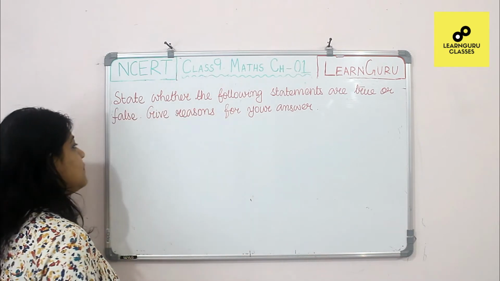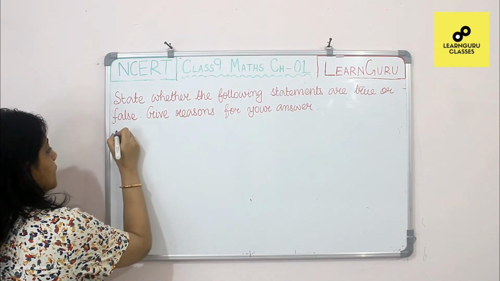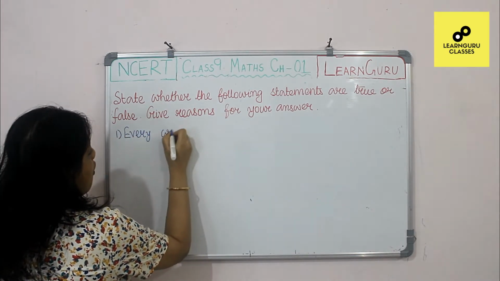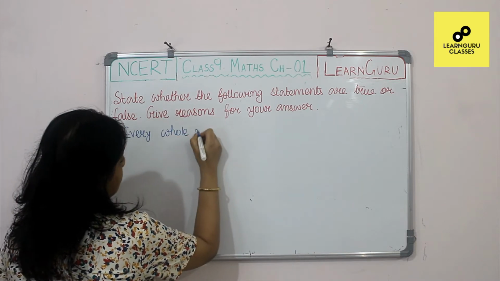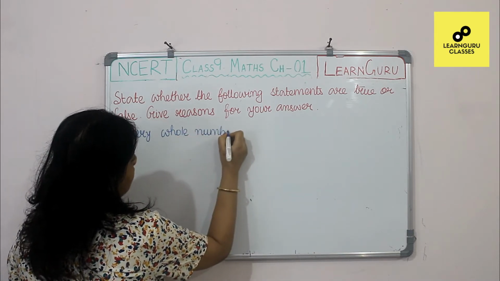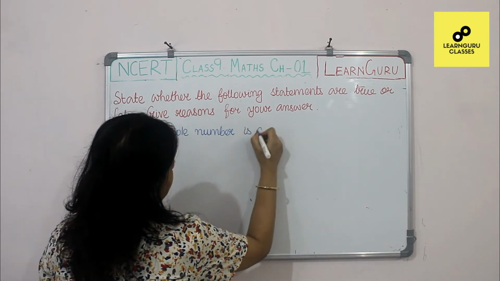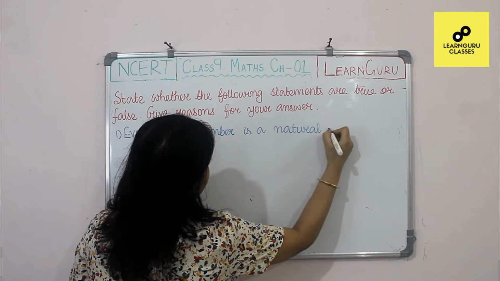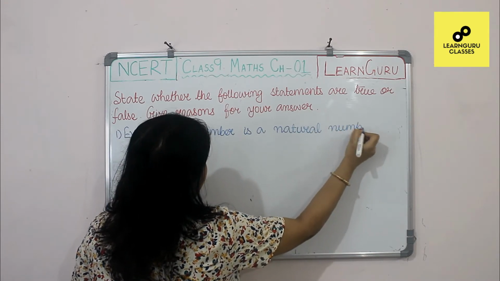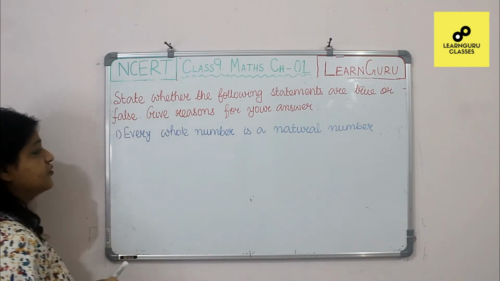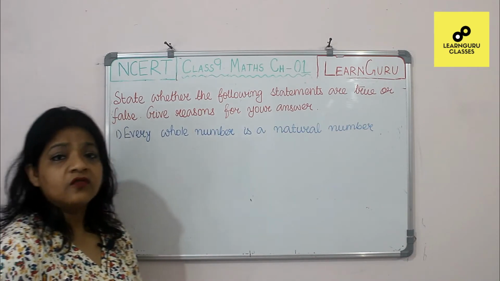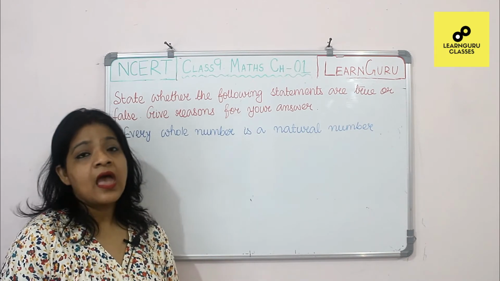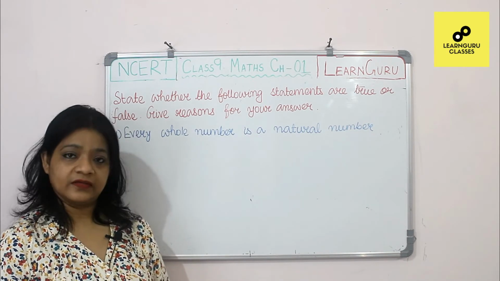So the first statement is: every whole number is a natural number. Every whole number is a natural number. You have to say whether this statement is true or false and you have to justify your answer.